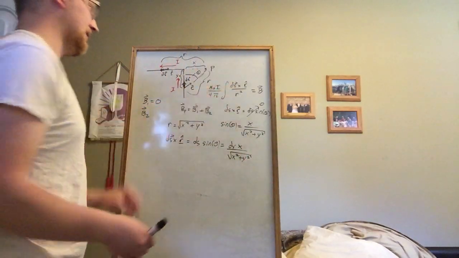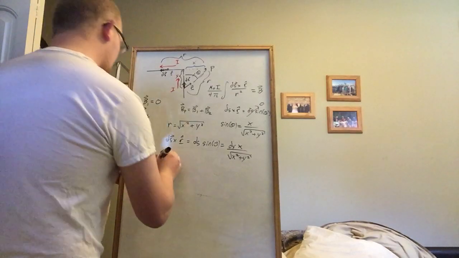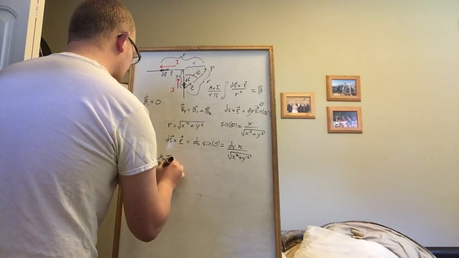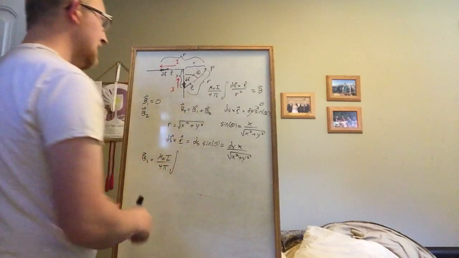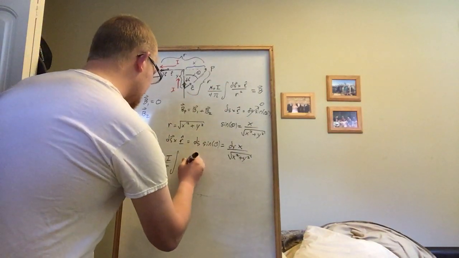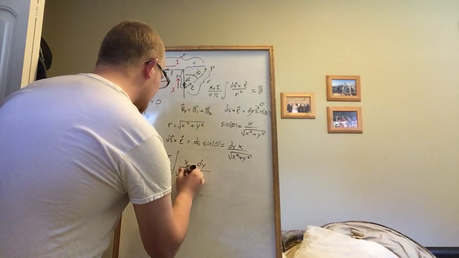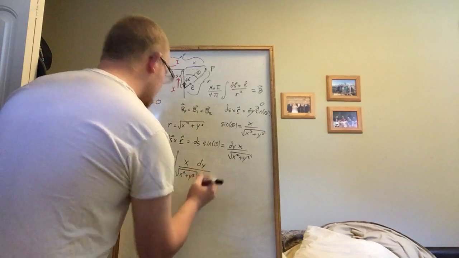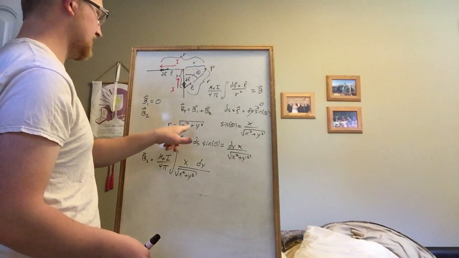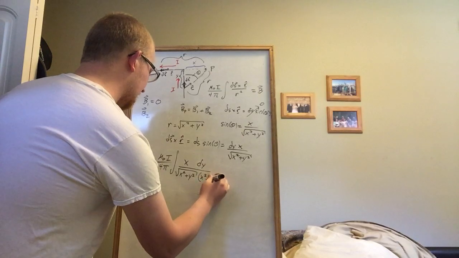Now we plug it back into this formula and find that B2 is going to equal mu sub naught, the permeability of free space, times the current in the wire divided by 4 pi, and then the integral of ds cross r hat, which we decided was equivalent to x dy over the square root of x squared plus y squared. But we also divide by r squared. Well, r squared is the square root of x squared plus y squared squared, which is x squared plus y squared.